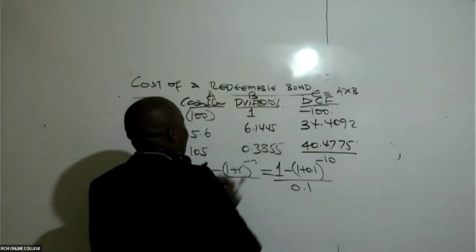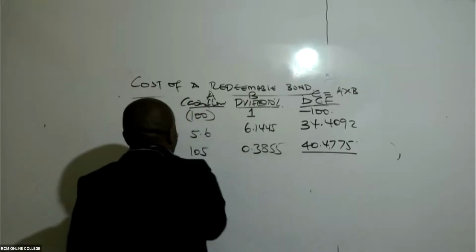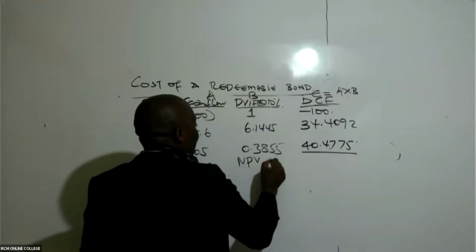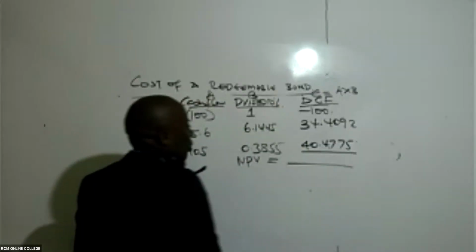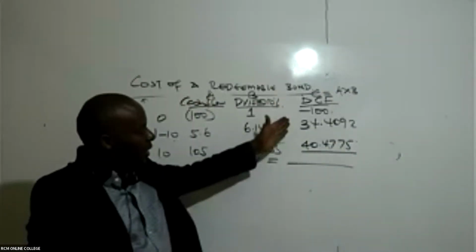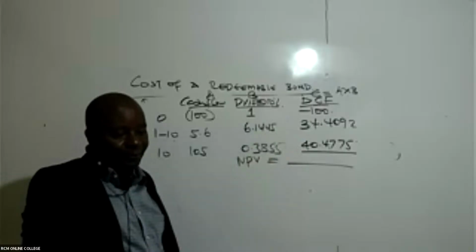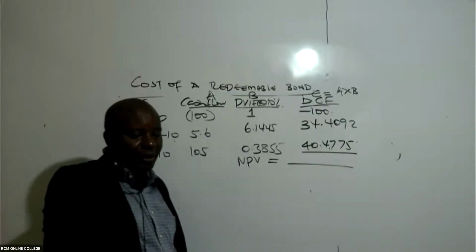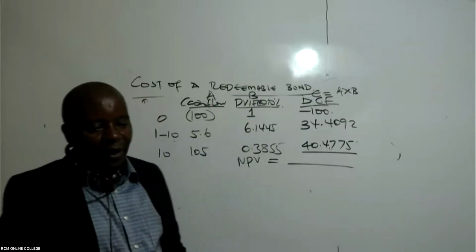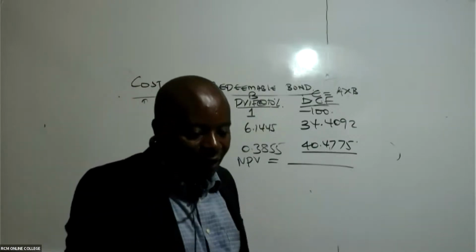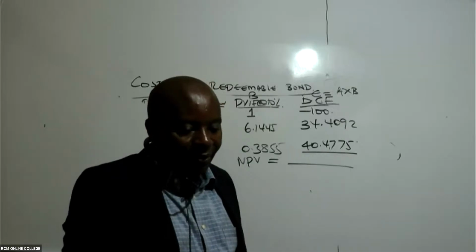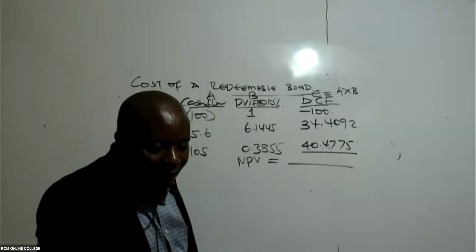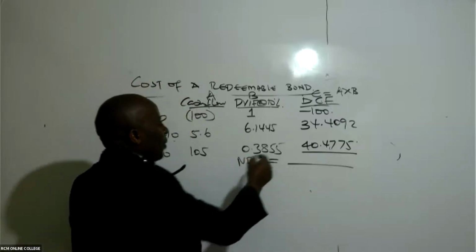Then come and add for us, it will give me NPV. So NPV will be equal to, you are now adding everything, this plus this plus this. It will be negative something. So negative 25.1133.